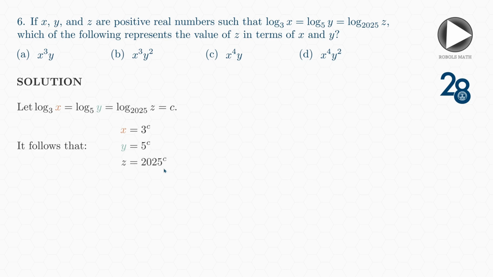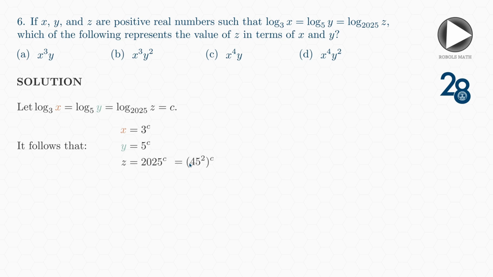Okay, so the goal is to express z in terms of x and y, which should be a bit clearer now because we are given everything that has an exponent of c in here. We have 2025 to the c, 5 to the c, and 3 to the c.